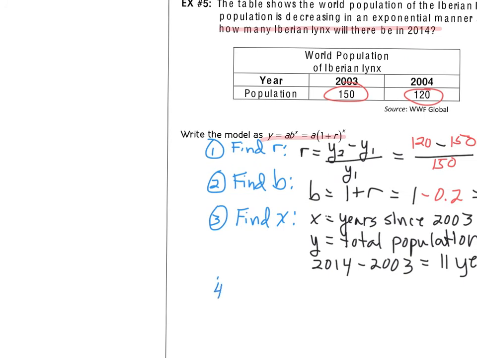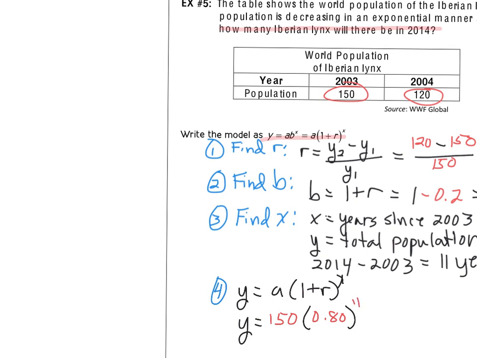We've gathered all the information that we can get. So I'm going to substitute everything into y equals a times 1 plus r to the x. We found our a was our original amount, 150 lynx in 2003, times, and in step 2, we found our b, which was 0.8. And then in step 3, we found our time, which was 11.